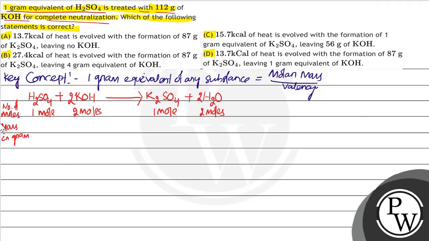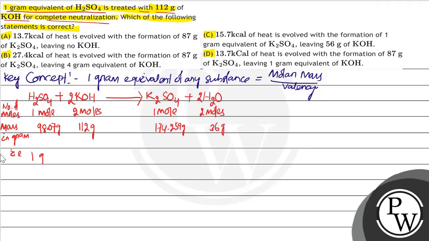Hence the mass in gram required is 98.07 gram of H2SO4. KOH required is 112 gram, and K2SO4 is 174.259 gram, and water is 36 gram. Now let us calculate in terms of gram equivalent.